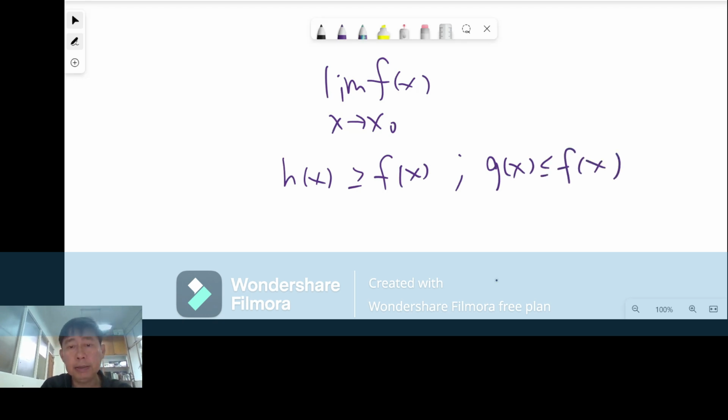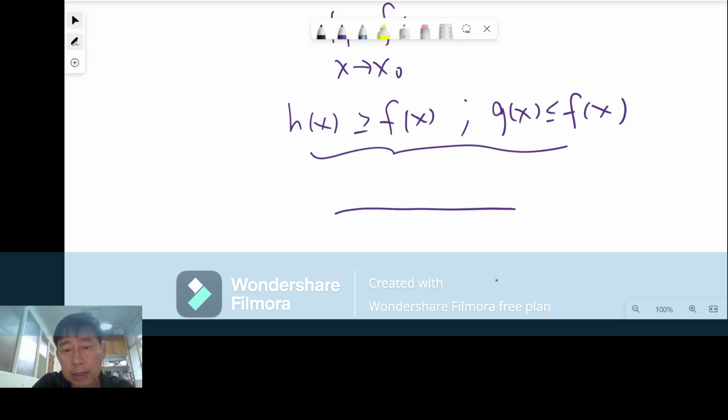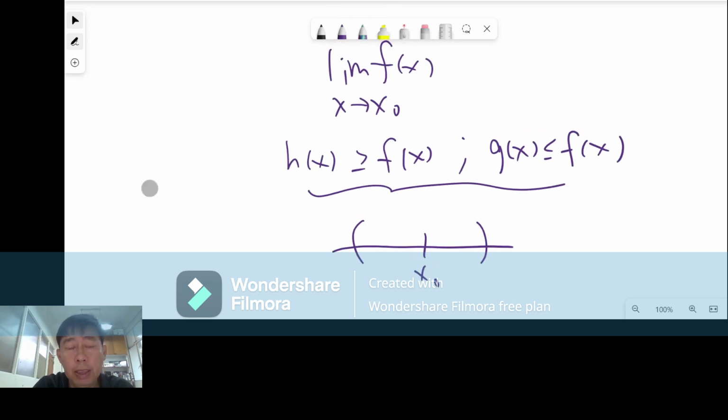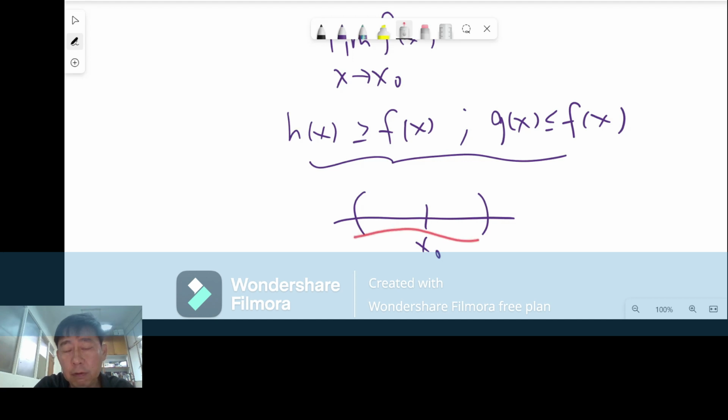that are like this, and this is the first condition that has to be fulfilled for some x in some interval that includes the value of x naught, right? So this is condition number 1, the existence of a function h larger than f and a function g smaller than f within some interval that contains x.